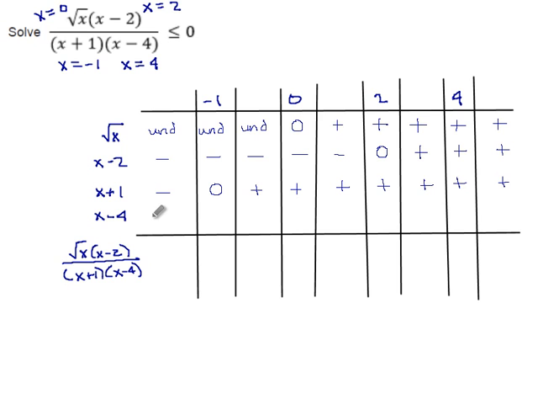And for x minus 4, we get negative and negative and negative. 2 minus 4 is negative. 4 minus 4 is 0. And for anything above 4, we get to the positives. Okay, so there's all the signs of our individual factors.